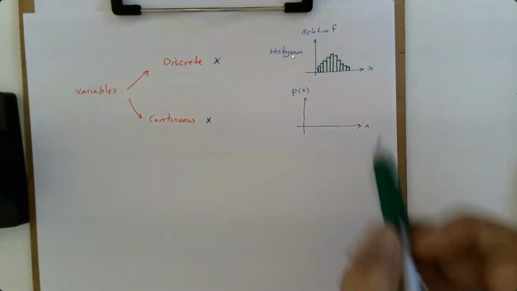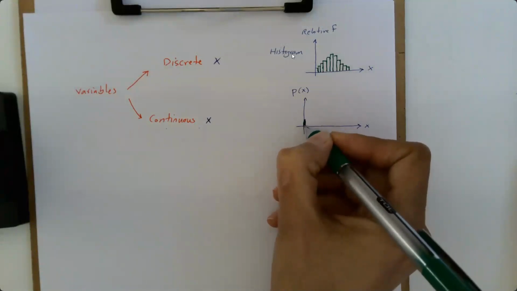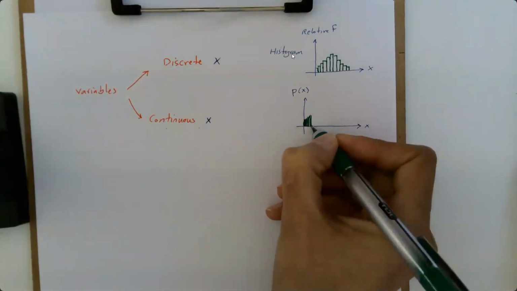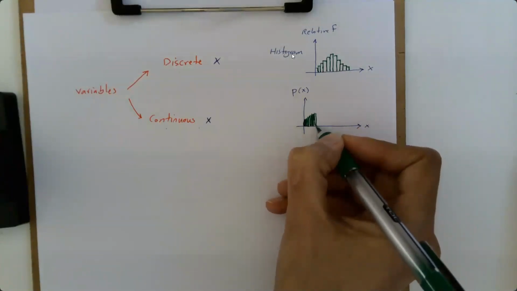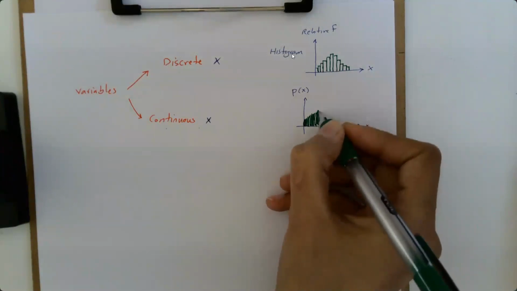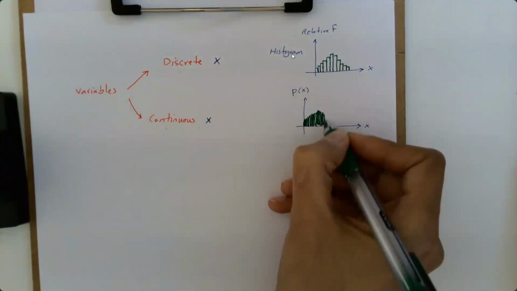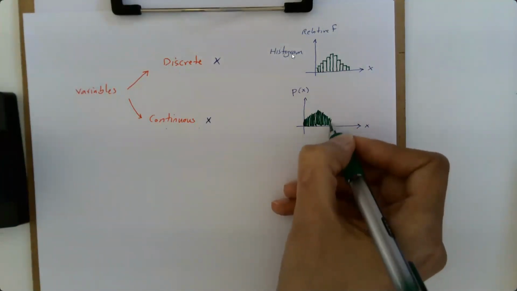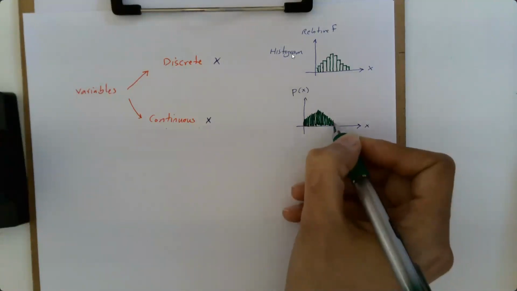Again, recall that these bars are going to be very small, tiny slant bars. And by graphing these, we can follow the behavior of probability distribution P of x here.